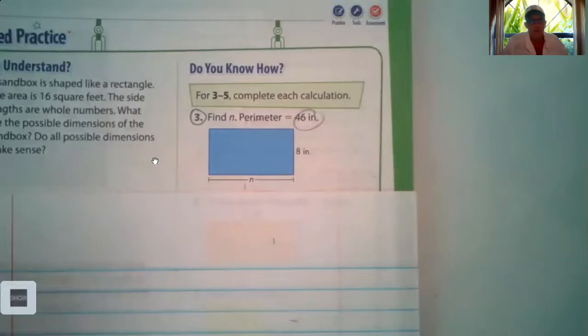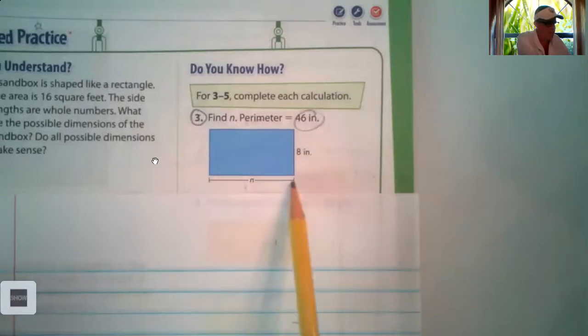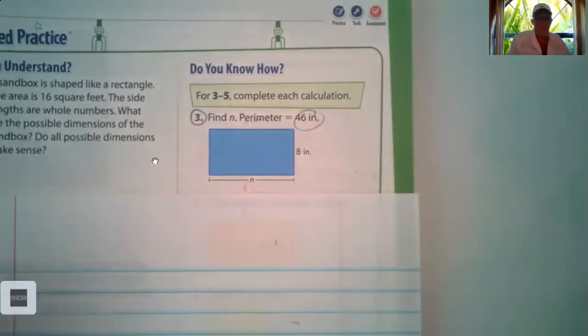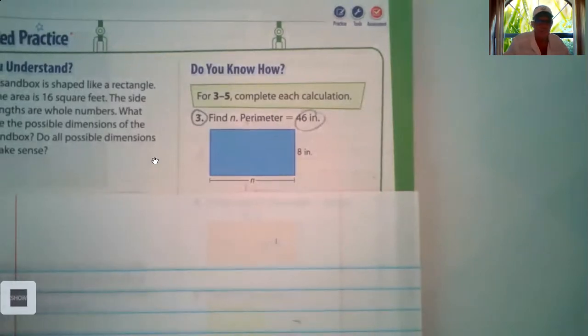So how are we going to go about finding n? N is going to be the width of this shape right here. Well, let's stick with what we know.